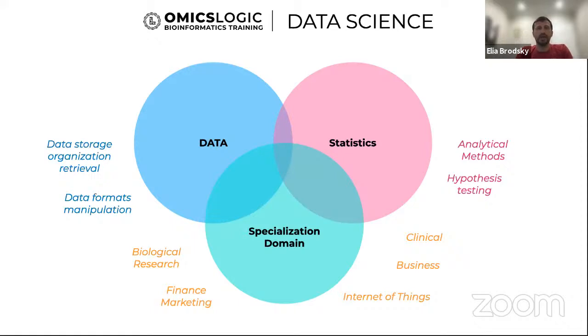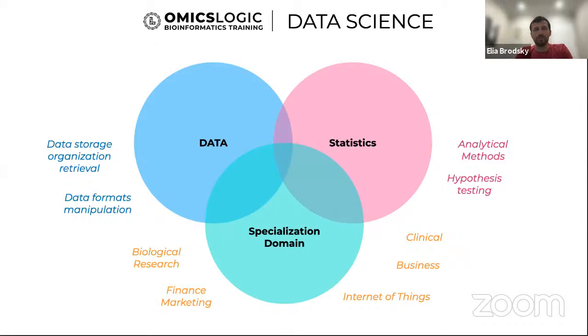So it's really analysis of that data. And then finally, you have this application of these methods and of this data to a particular domain or a specialization. And when we speak about data science, in general, data science tends to be agnostic. So data science methods, just knowing how to run analysis, could be applied to very many different domains: clinical, business, Internet of Things, finance and marketing, biological research.